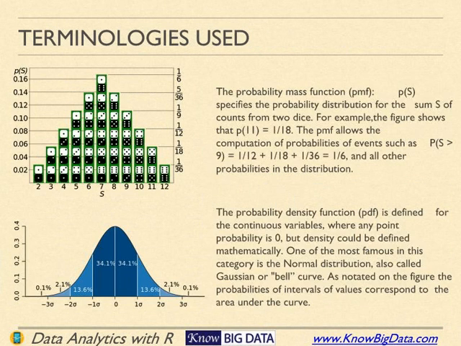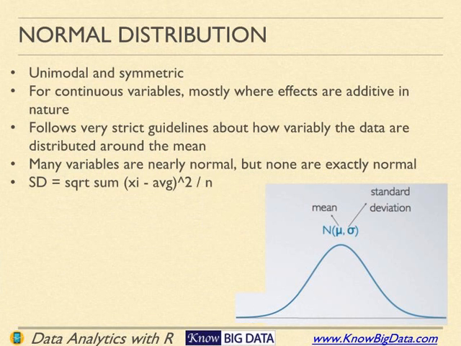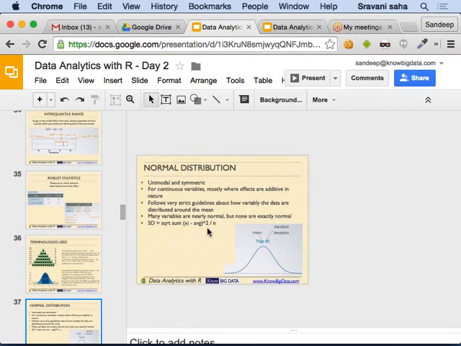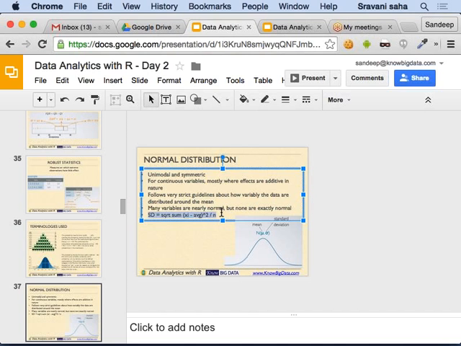The whole graph is a function of two things, mean and deviation. The normal distribution is unimodal and symmetric. I don't need to describe standard deviation here, I've already done that.